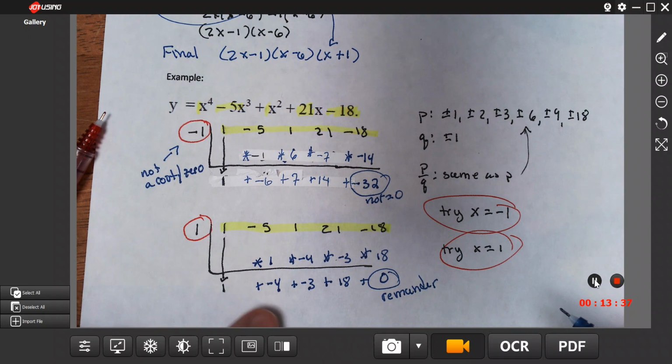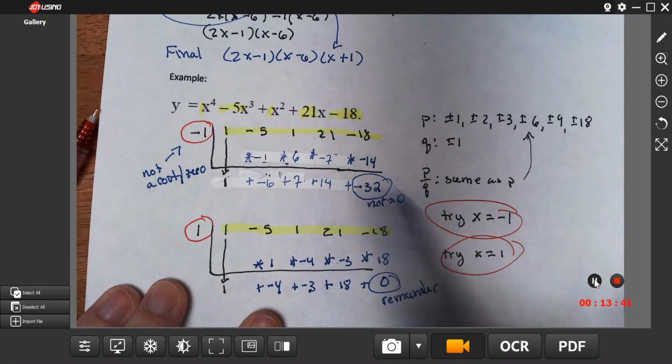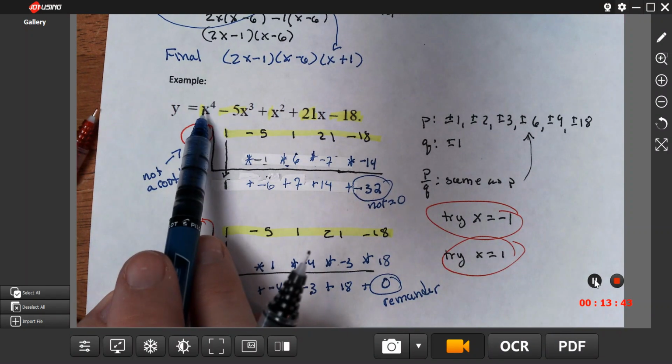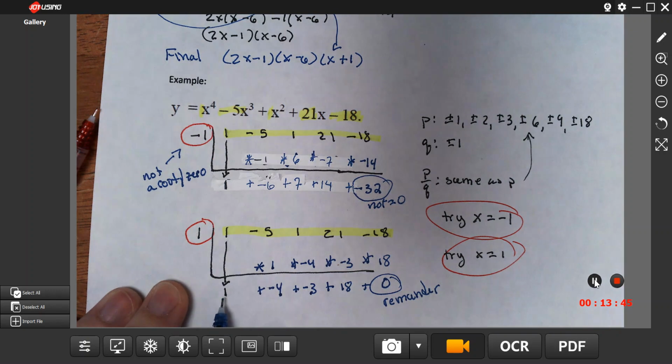So now our remaining polynomial, after factoring that out or dividing that out, we started with a quartic, so it should be 1 degree less. We factored out a linear, so our degree here should be cubic, so that's x to the third. So that means we have to keep going.